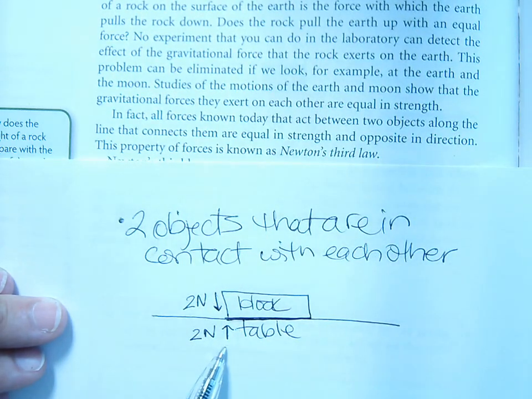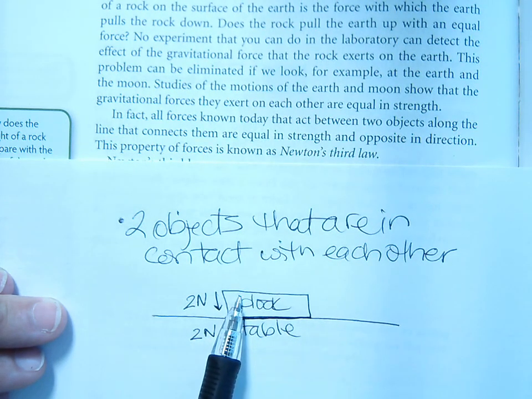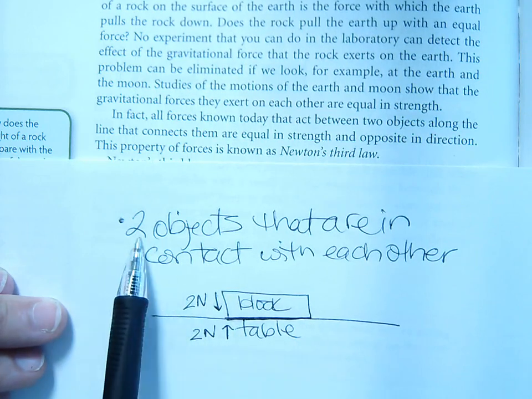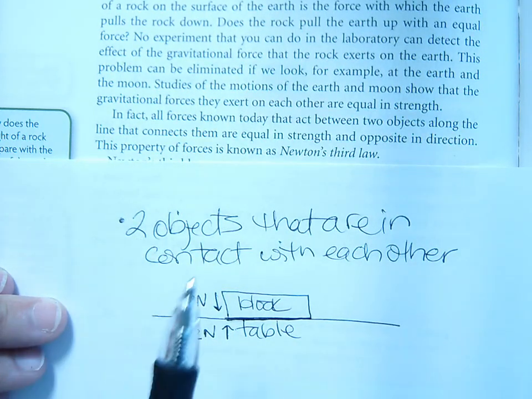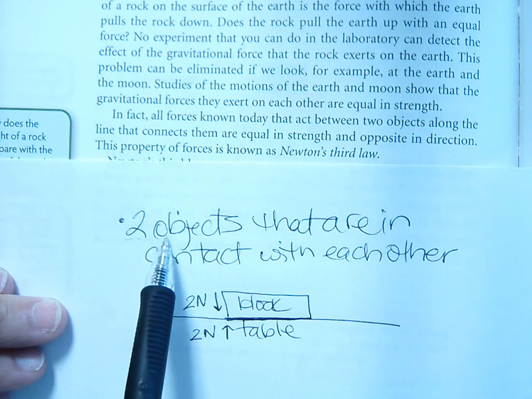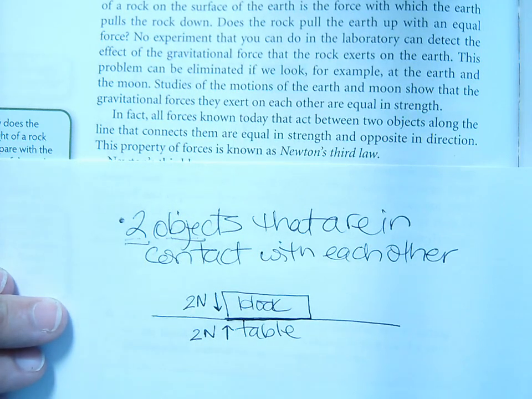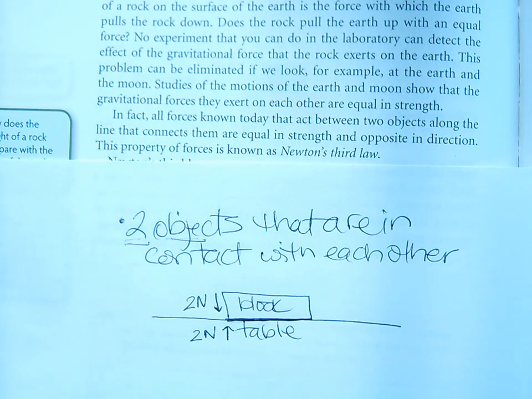So equal in strength, 2 newtons and 2 newtons, opposite in direction. The block is applying a force down and the table is applying a force up. Keep in mind the block applies a force to the table, and the table applies a force back to the block. Equal in strength, opposite in direction. And this is the law, the rule, for every two objects that are in contact with each other.